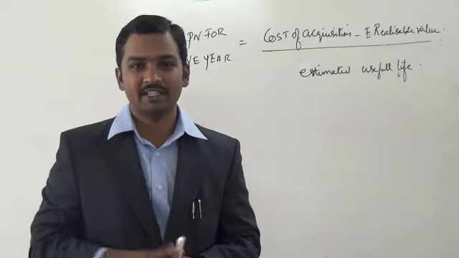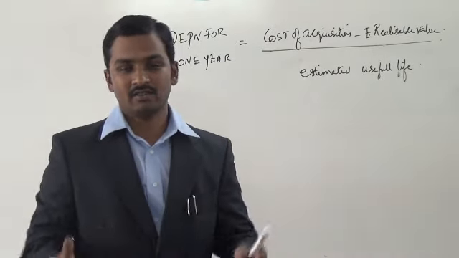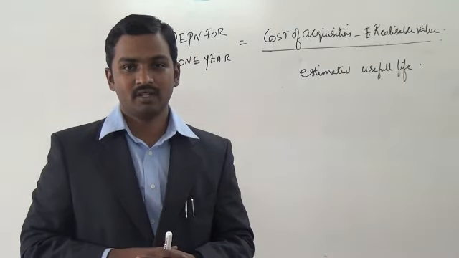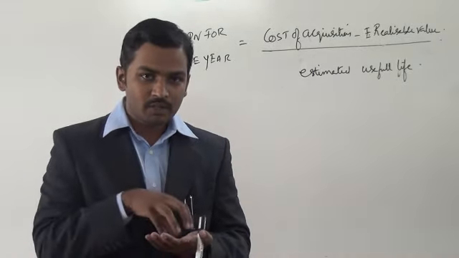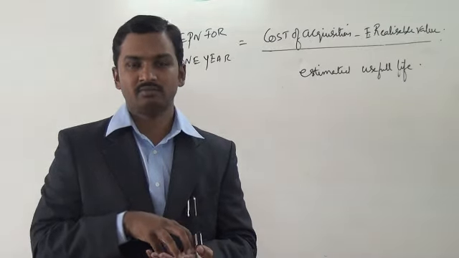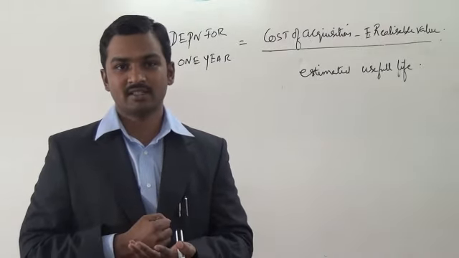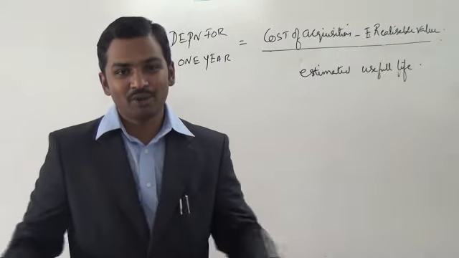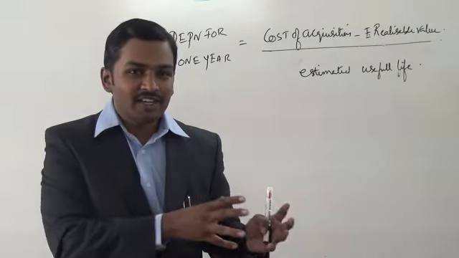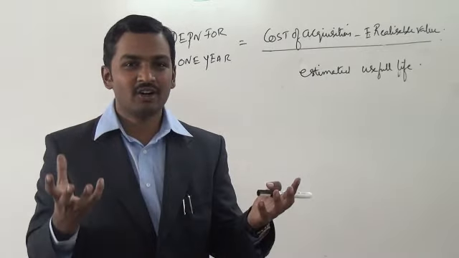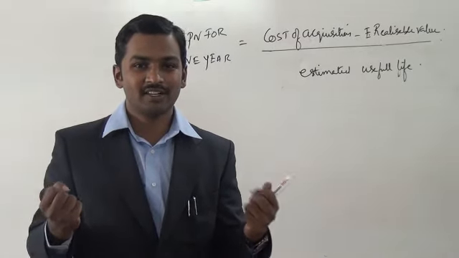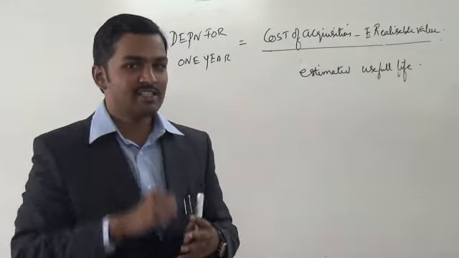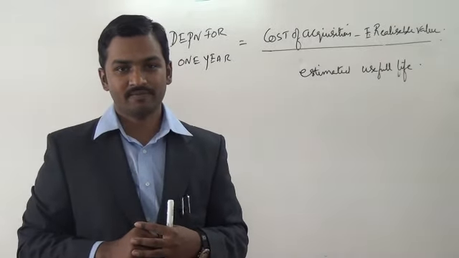For the sake of calculation, I am making the life less. It gives a longer life actually. Let us say the building was purchased today for 22 lakhs. It has a life of 20 years, and we know that after 20 years when the building is demolished, we will get a lot of iron, rubble, wood, wire, which can be sold in the market, and it would realize at least 2 lakhs for us.